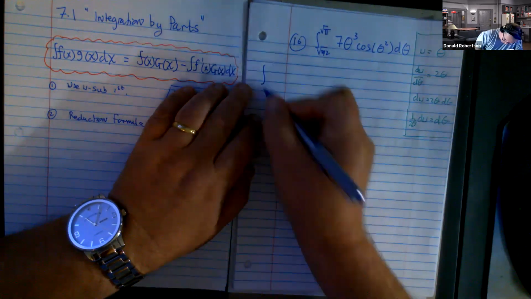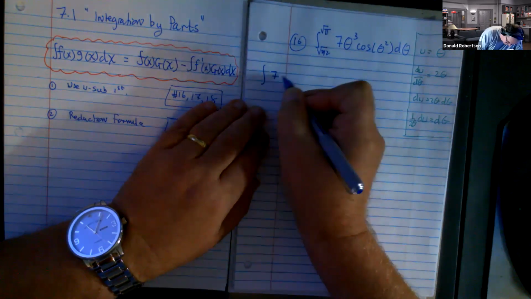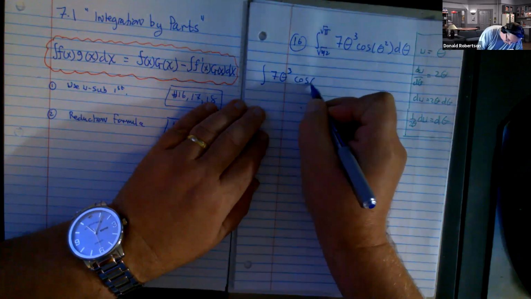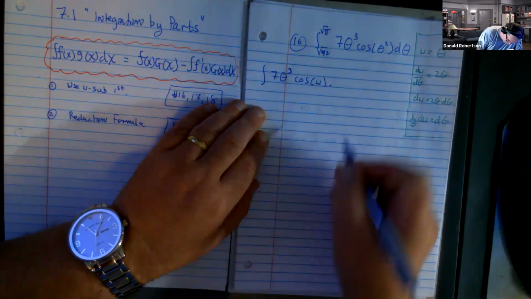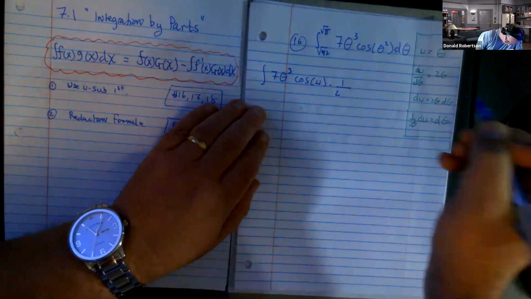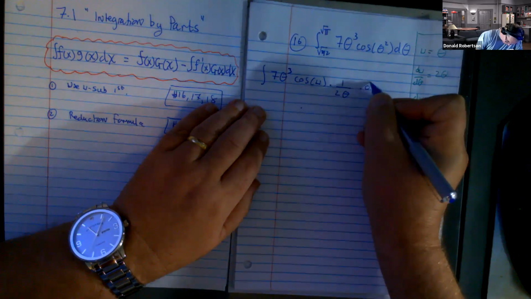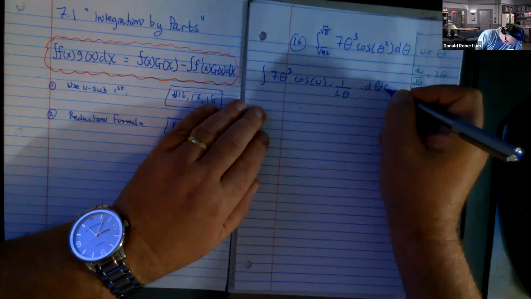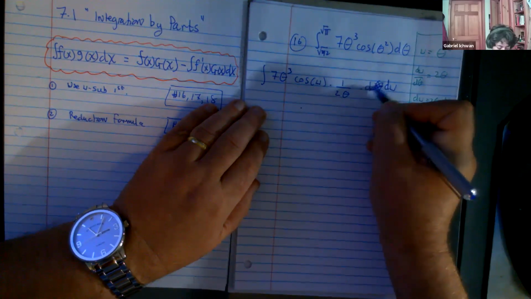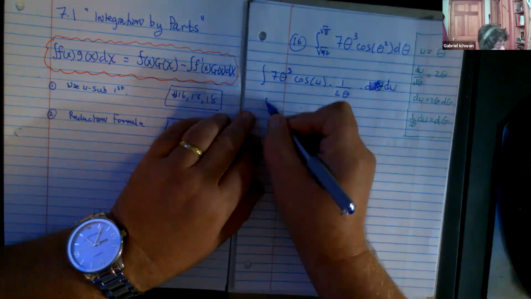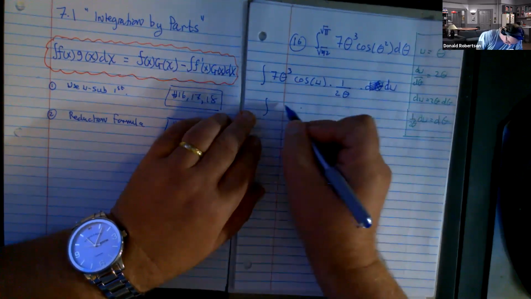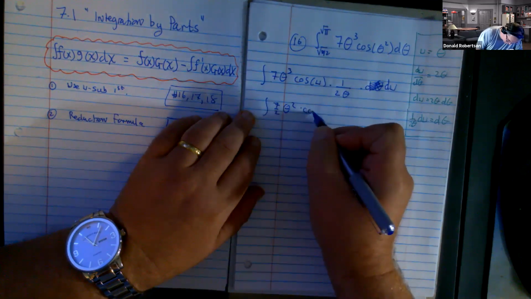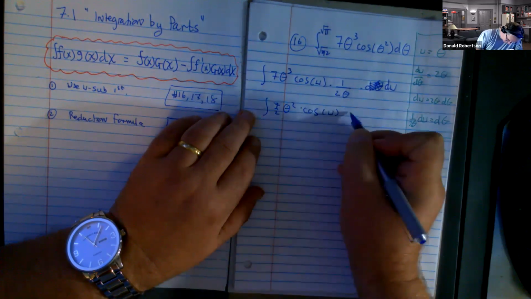So it's going to be the integral of 7 theta cubed cosine of u times 1 over 2 theta d theta, which is du. I'm going to take that 7 and that 2 and call it 7 halves. Theta squared cosine of u du.